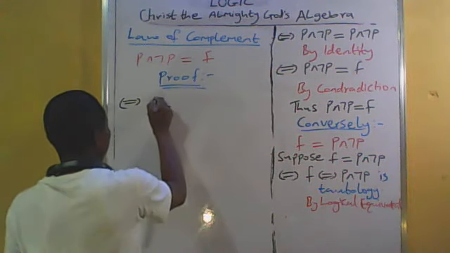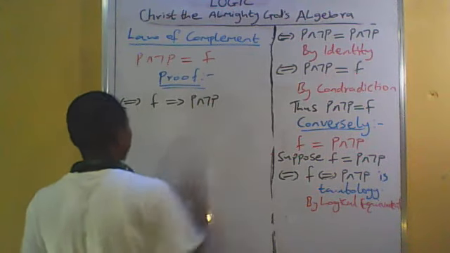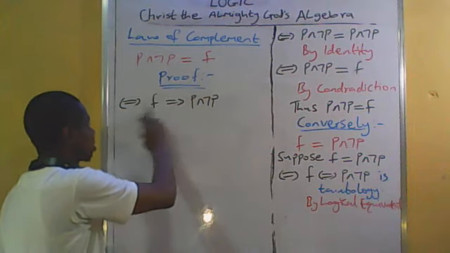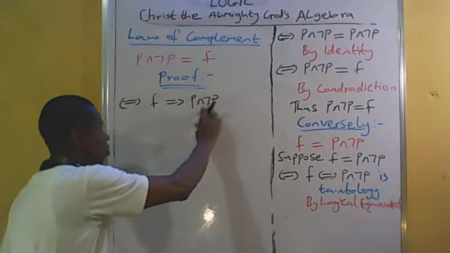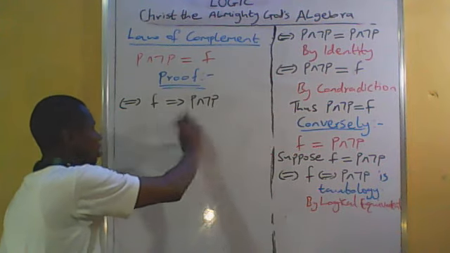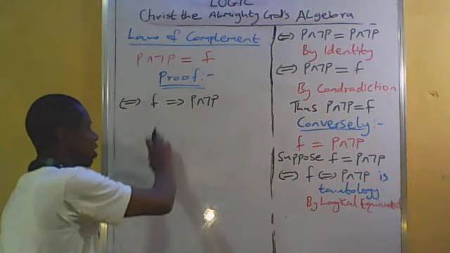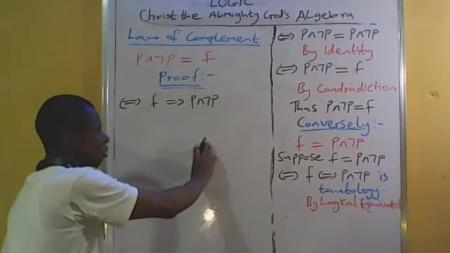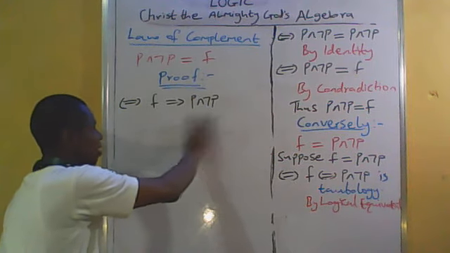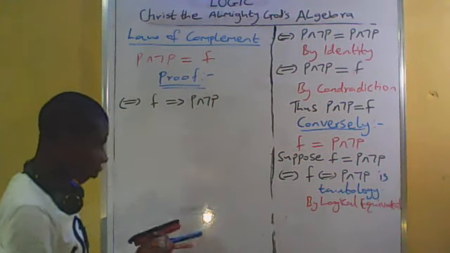That means F implies P and not P. This means that whenever the antecedent is false, the consequent must also be false, because we have only the constant false in this antecedent and also in this consequent when you evaluate it. So F implies F is always a tautology. So we say that the statement is a tautology.